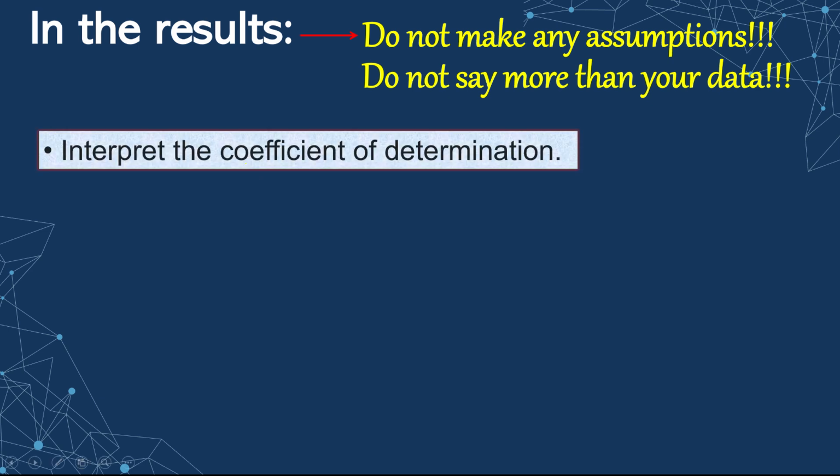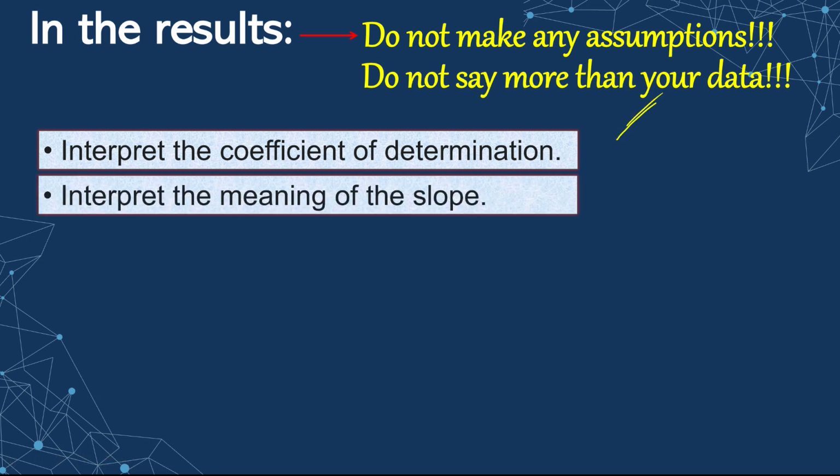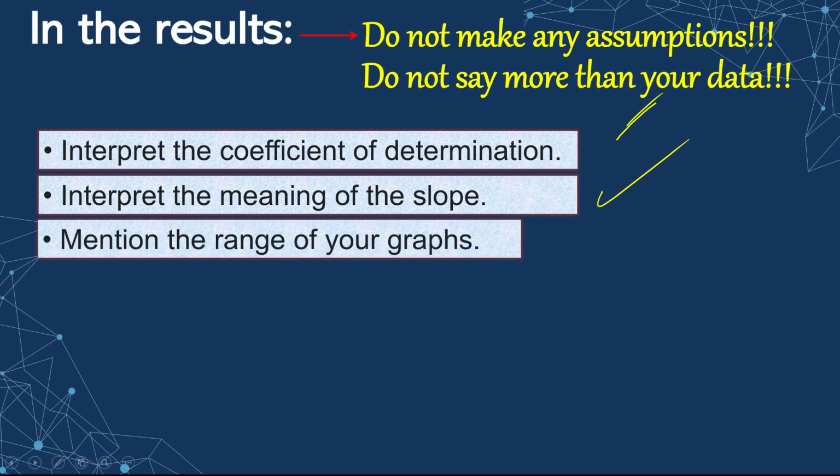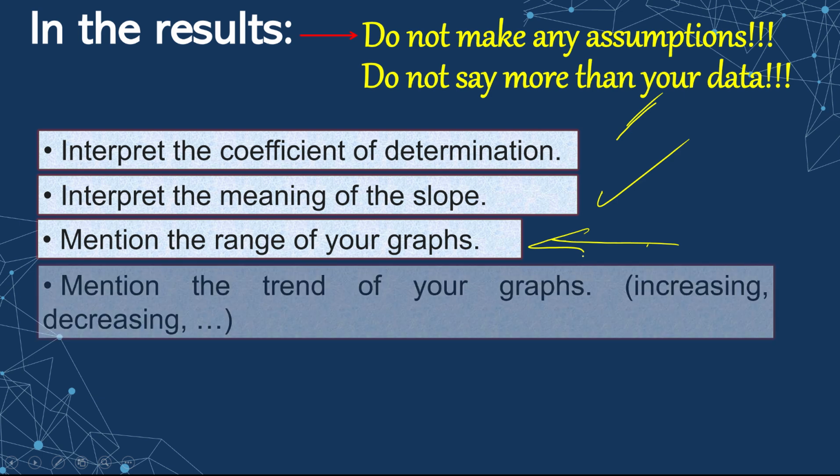These are the outlines of what you should do, and I will explain them one by one using examples, okay? First of all, interpret the coefficient of determination. The other is to interpret the meaning of a slope. The other is to mention the range of your graphs. I will tell you what I mean by range.